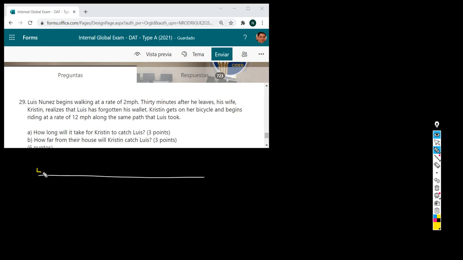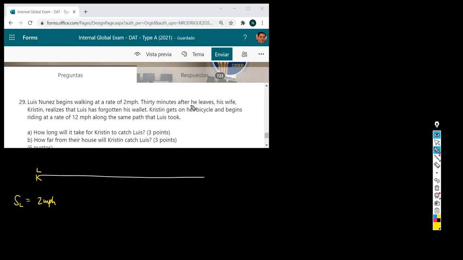So here's Luis and also Kristen. The speed of Luis is equal to 2 miles per hour, and he starts to walk. So he's going to advance.